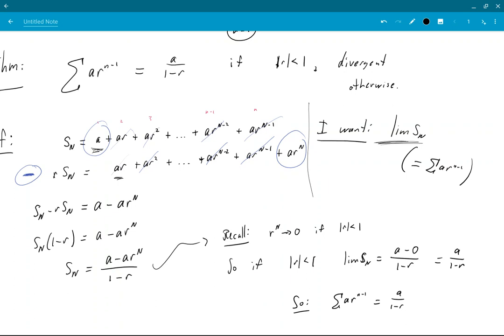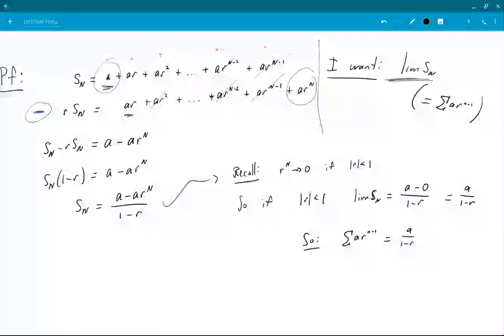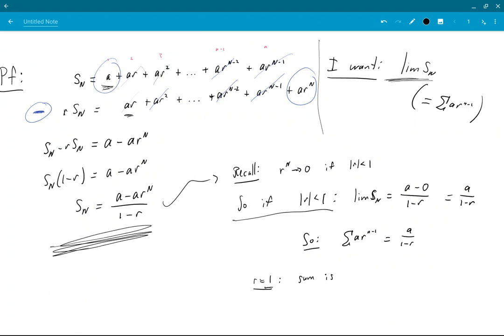Okay, so what about the other cases? If r is equal to 1, none of this works here, right? You can't divide by 1 minus r.